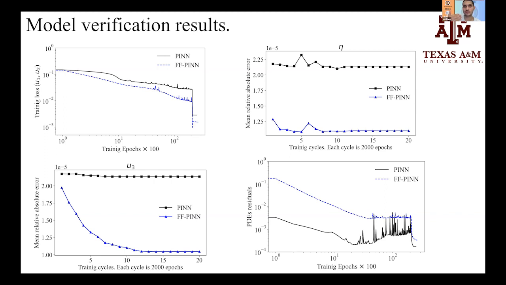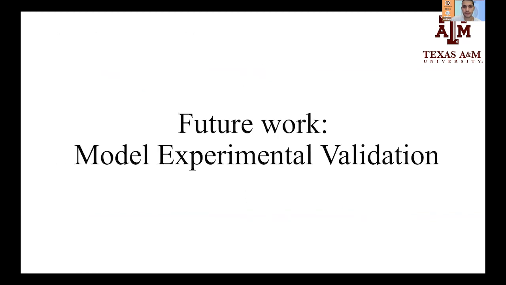Converging to a solution that satisfies the equation does not mean that this solution is correct. It only satisfies the laminar equation of the problem, not the turbulent one. Future work: the future work is to test the model on an experimental validation.